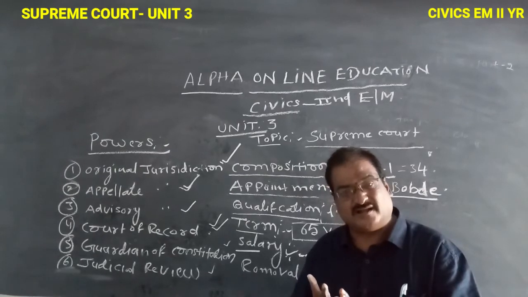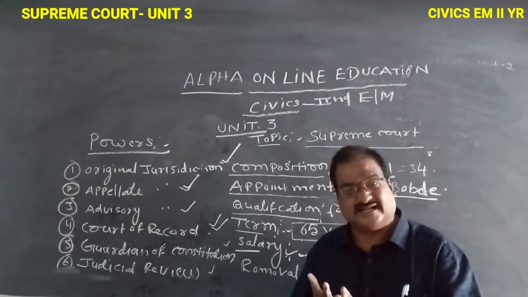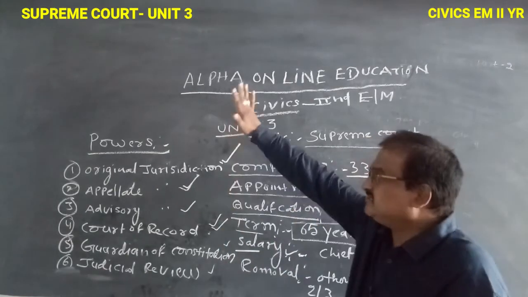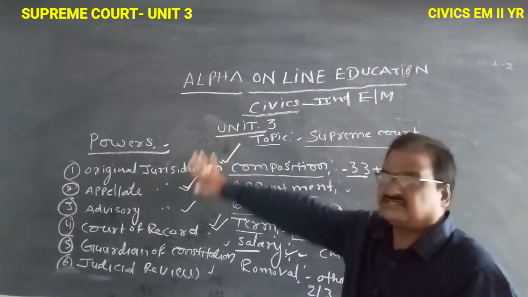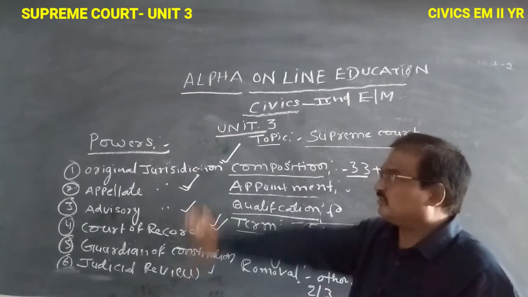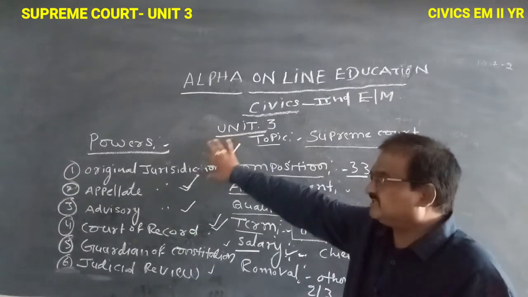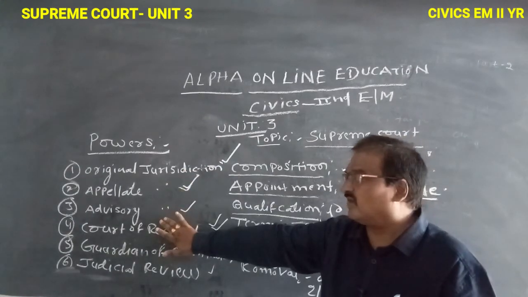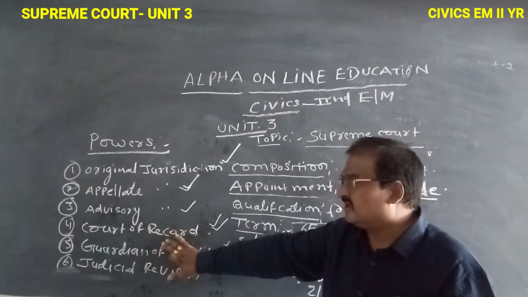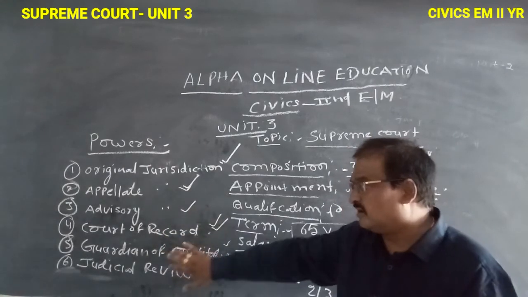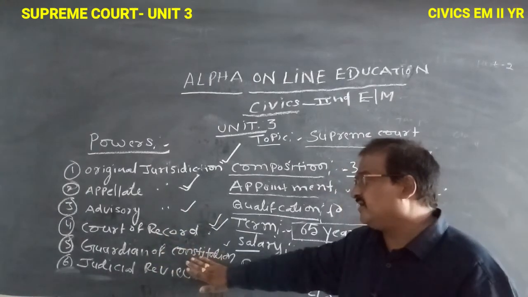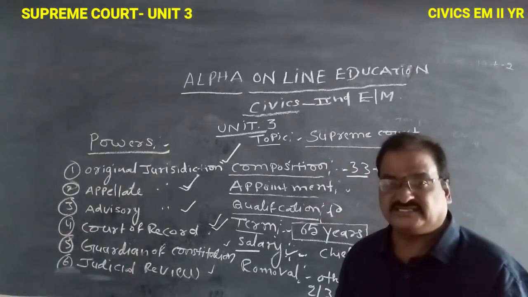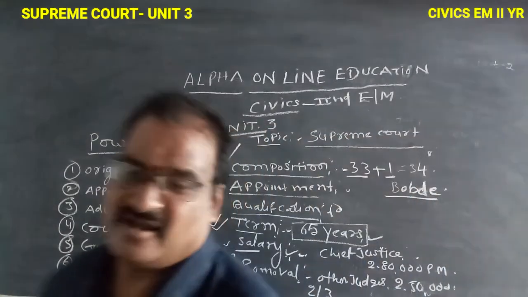At that time the Department of Judiciary, the court, reviews that. So these are all the powers and functions of the Indian Supreme Court. The first is original jurisdiction, the second is appellate jurisdiction, the third is advisory jurisdiction, the fourth is court of record, the fifth is guardian of constitution, the sixth is judicial review.